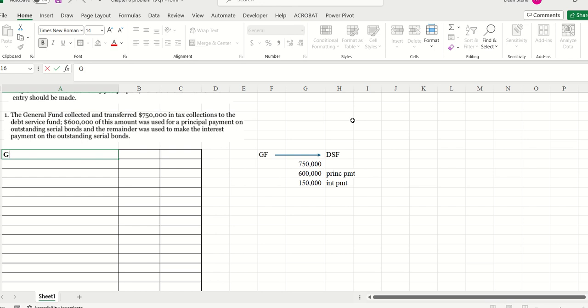So we will start off with the general fund. They collected taxes. So we got cash when they collected it, and it would be revenues.